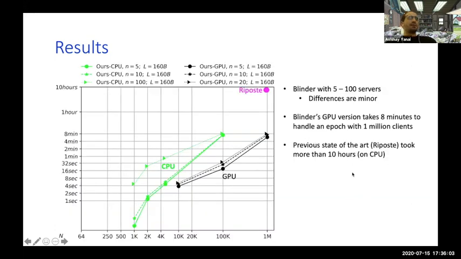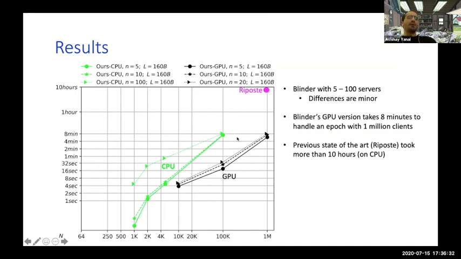The second example of our results is as follows. In this figure, we compare the latency of Blinder across a varying number of clients. The green lines are for the CPU version, and they range from 1,000 to 100,000. And the black lines are for the GPU version, and they range from 10,000 to 1 million. Now, there are 3 lines for each version.